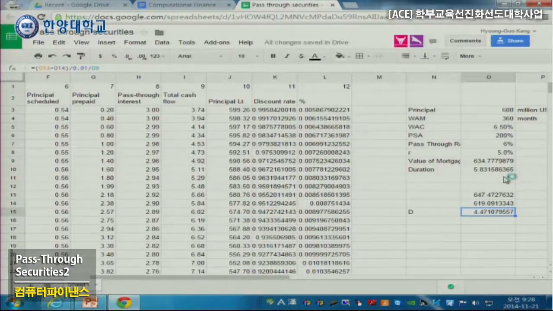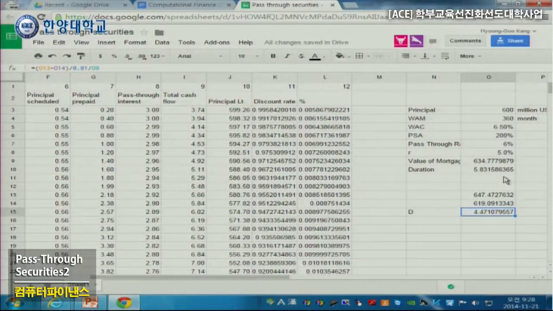But actually, so duration, if we don't take into account the change of PSA or change of prepayment, then duration is large, but once we take into account the change of PSA, then duration becomes lower. Actually, that's intuitive, right?